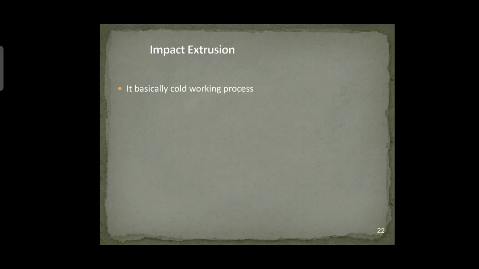Okay, so the last one is the impact extrusion process. This falls under the case of cold working processes. It is basically a cold working process in which the metal deforms, that is, it changes its shape or flows due to the application of force, an impact force.